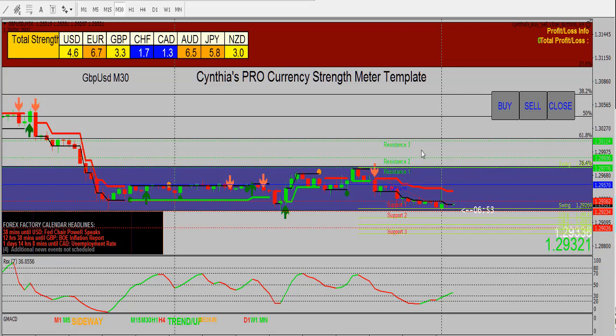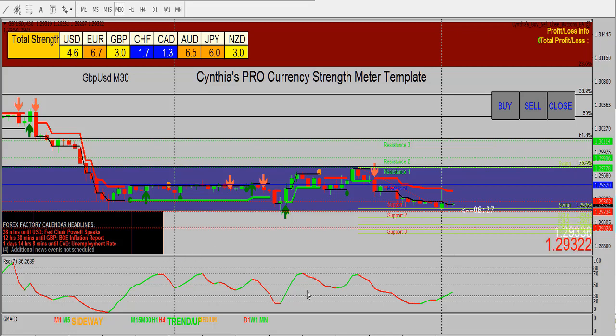This is a synchronized Fibonacci indicator, so no matter what time frame you would switch this to, whether a lower or a higher time frame, the support and resistance Fibonacci lines are going to stay at the same level. They're not going to change according to the time frame. So that gives you some consistency if you flip through the different time frames.